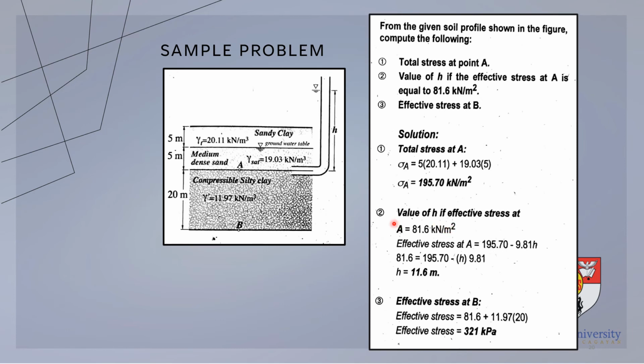So now for question number 2, we are asked to solve for the H here. If our effective stress is 81.6, so bali siya, H ang ipangita diri, katong i-times nato dito sa gamma water para makuha ang pore water pressure.